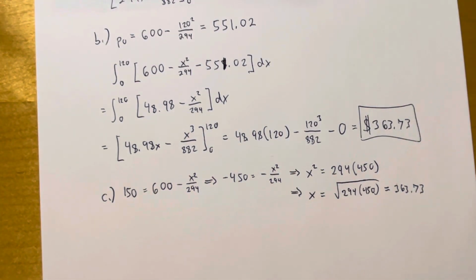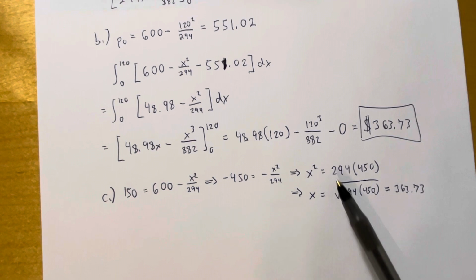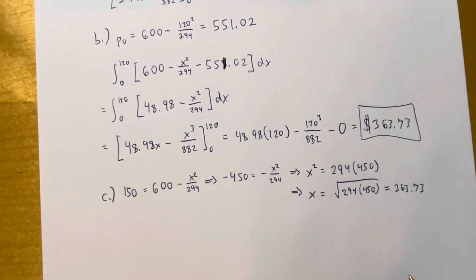Careful with this, because normally when you take square roots of both sides of an equation, you're supposed to get a plus or minus on one side. However, x represents the number of units of product that have been produced. A negative answer would make no sense here. So even though this should produce two solutions, only one of those solutions makes sense in context, and so we go with that one, 363.73.